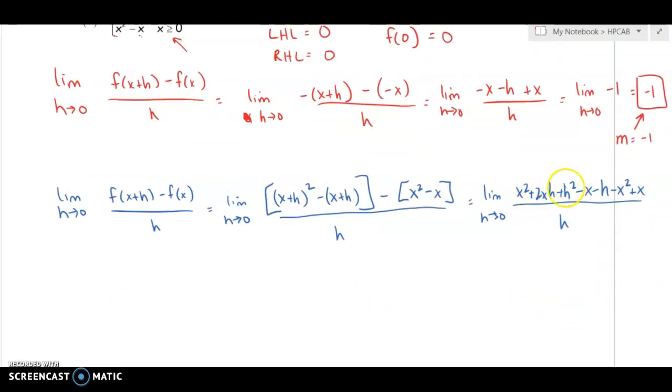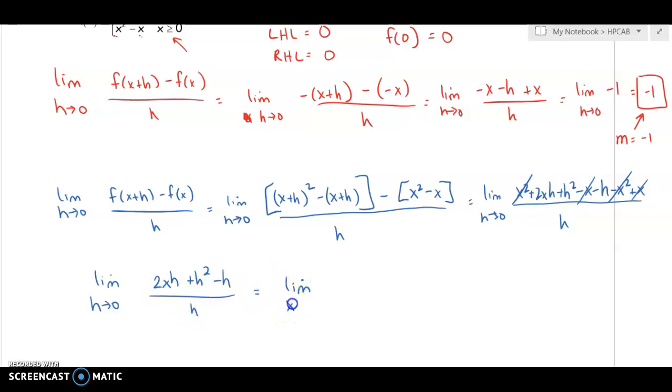And then we've got to cancel some things out. X squareds are gone, the x's are gone, and then some of these h things are going to cancel. So we get the limit as h approaches 0 of 2xh plus h squared minus h all over h. We can definitely reduce those.